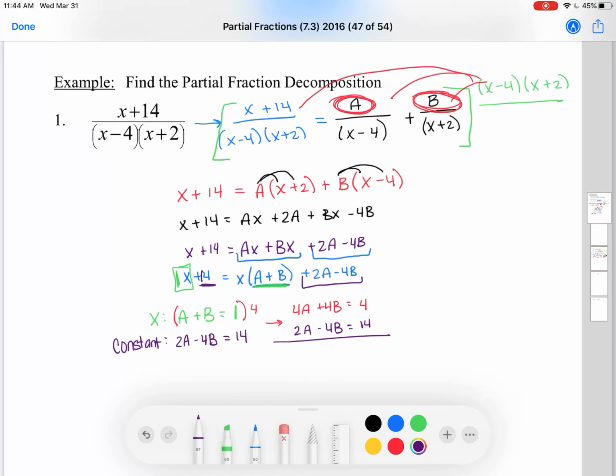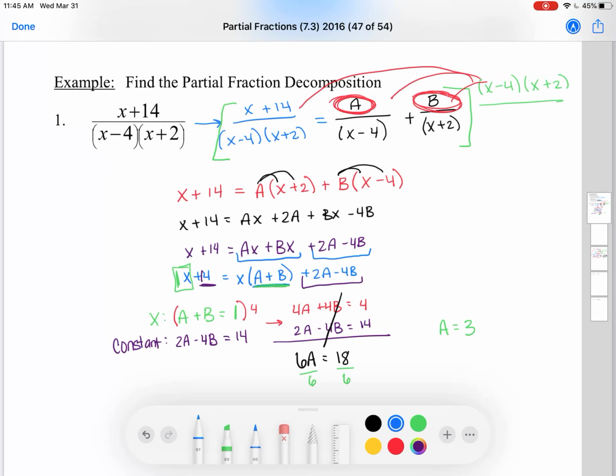No changes to that one at all. And now when I eliminate, my b's go away for now. When I add down, I get 6a equals 18. And when I finish solving, I know that my a has to equal 3. So a is 100% locked in as 3.